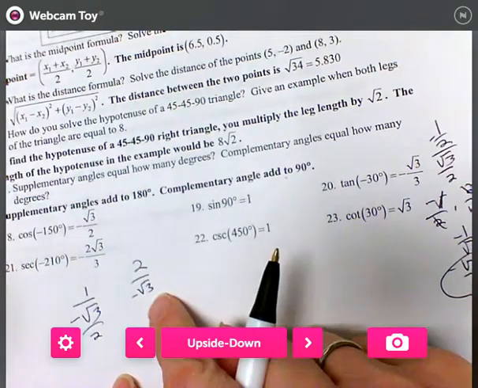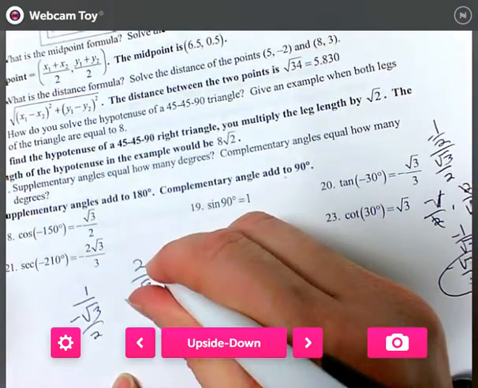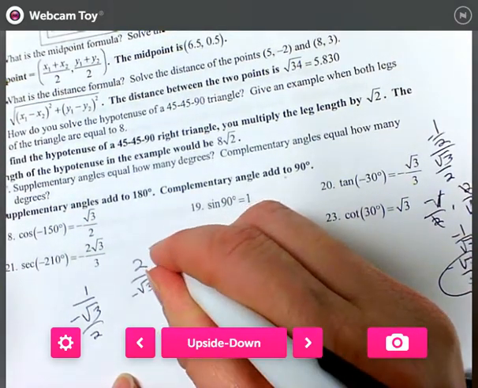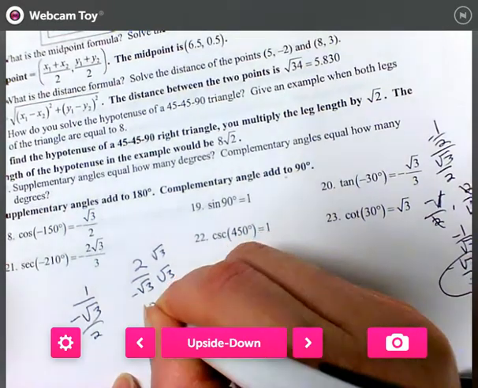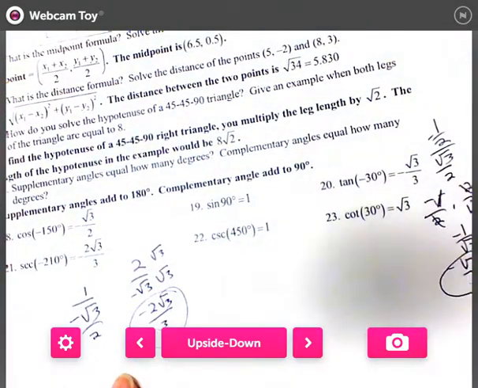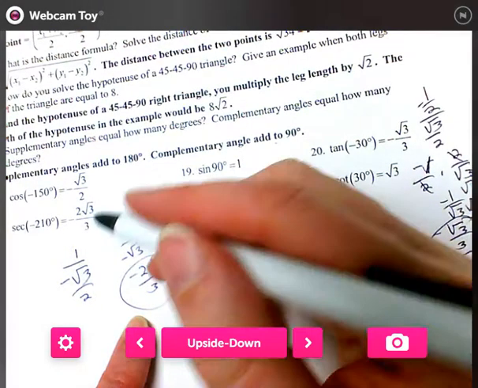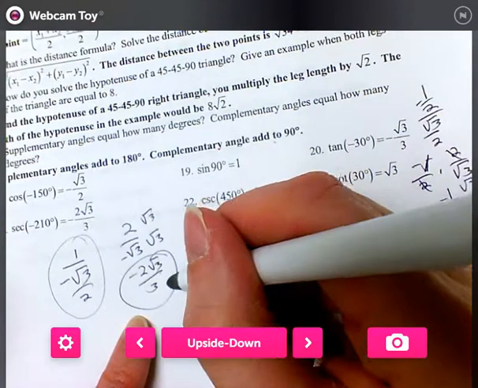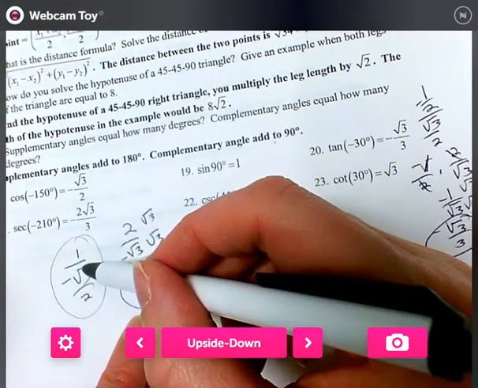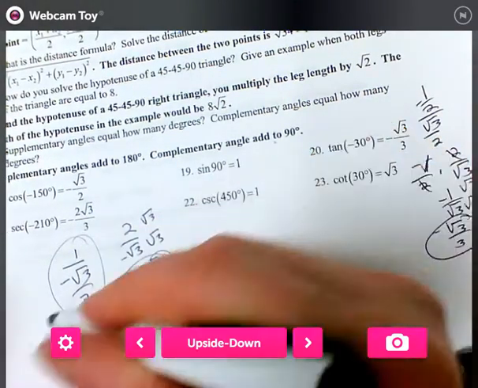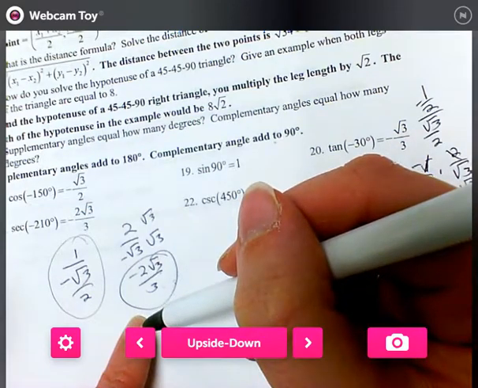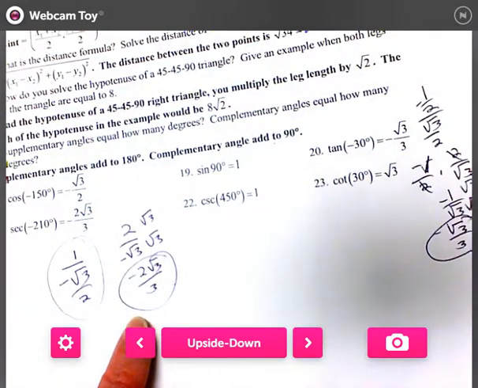Remember, we can't have a square root 3 on the bottom, so we multiply the top and bottom by the square root 3. We get 2 square root 3 over 3, and that's negative. Remember, with these, everything is going to be multiple choice. So if you get this and you're unsure if that's the same as this, you could put that in your calculator and this in your calculator, and it should give you the same number. Does that make sense? If you're a little bit worried about that.